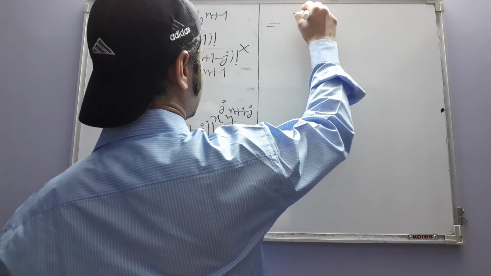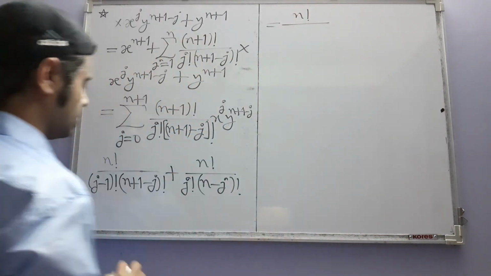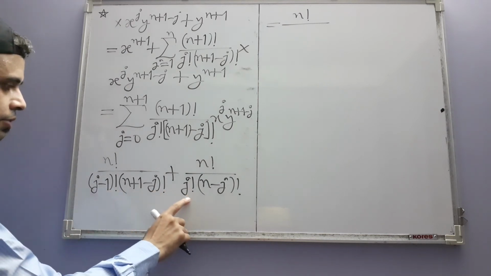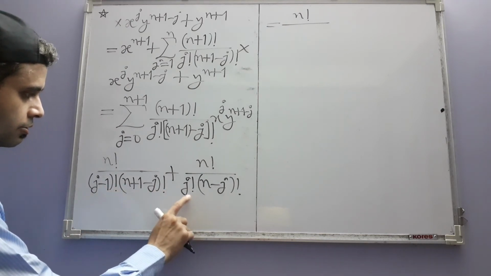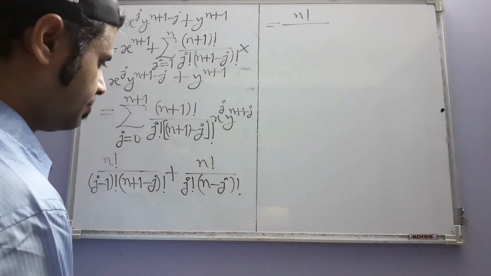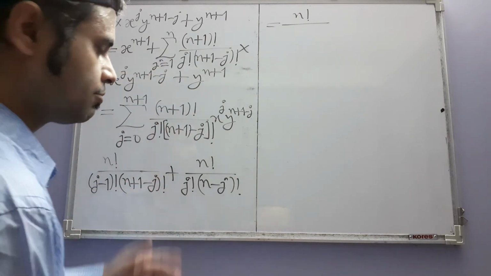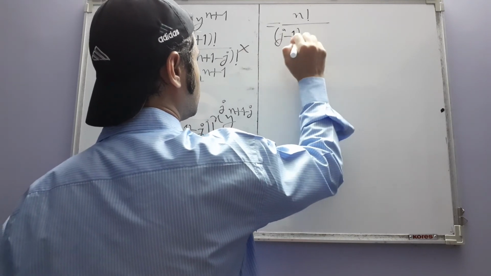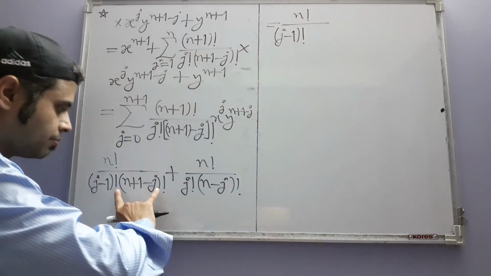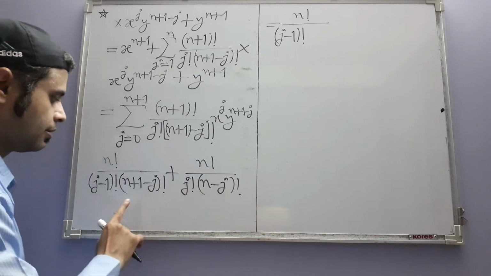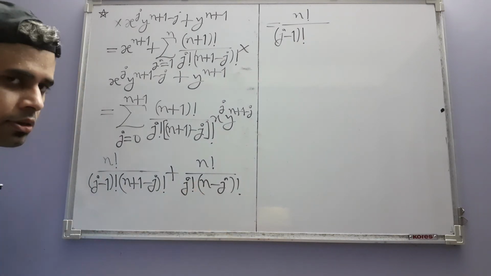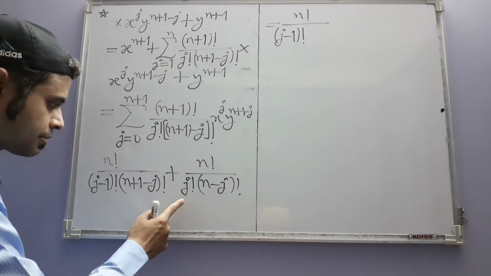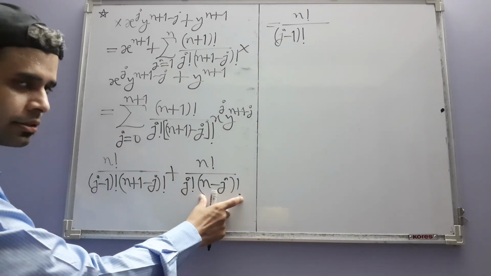First of all, just like before, we can take n factorial common out. We can take j minus 1 factorial common out from these two things, because j factorial is j times j minus 1 factorial. And from this and this we can take n minus j factorial common out, because this is n plus 1 minus j times this n minus j factorial.